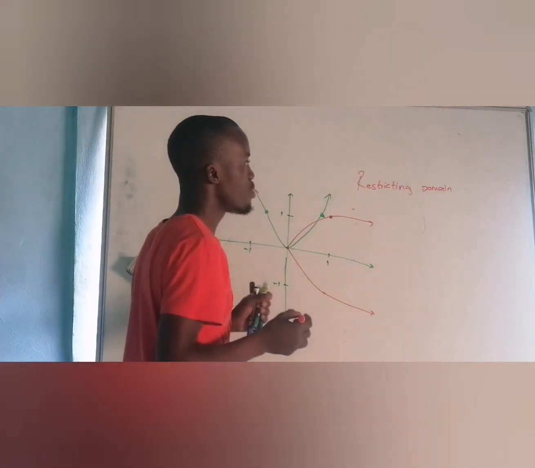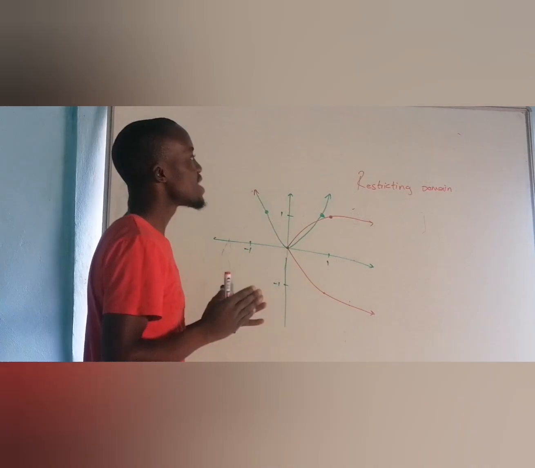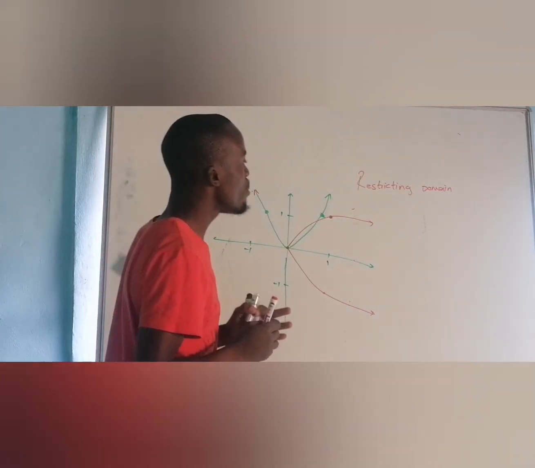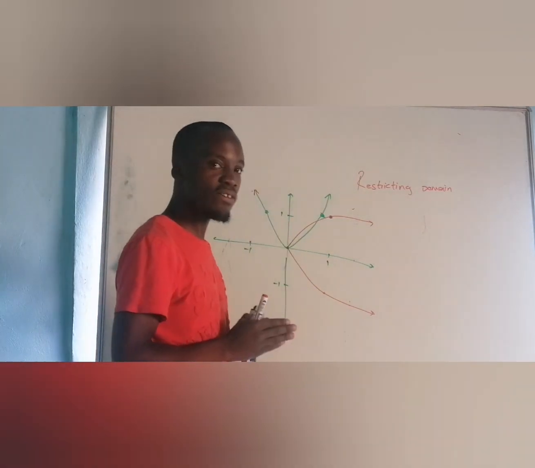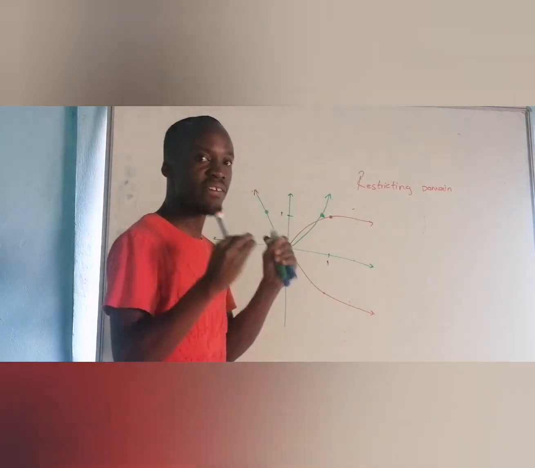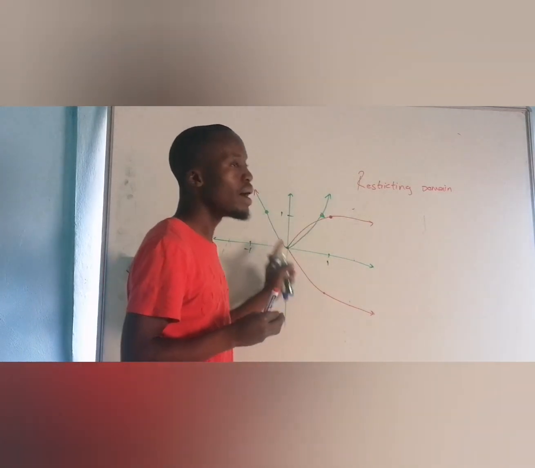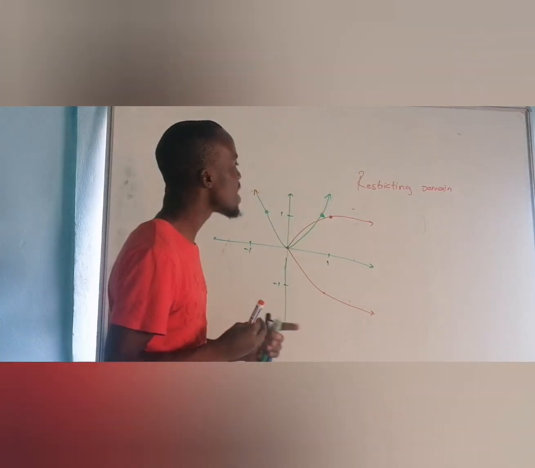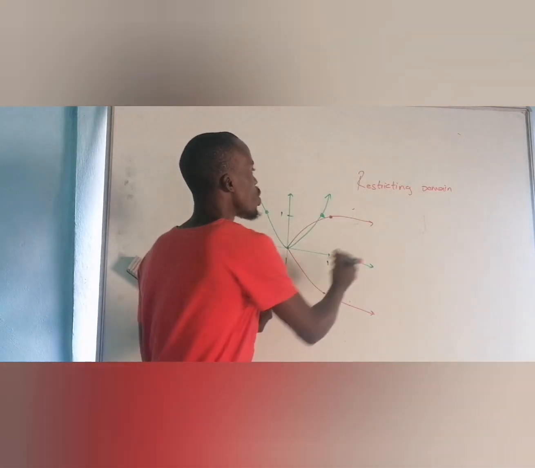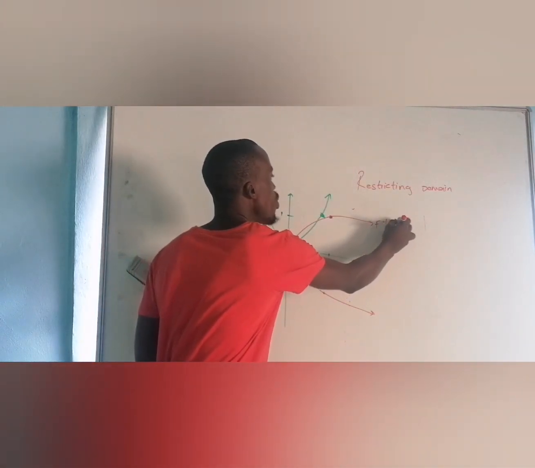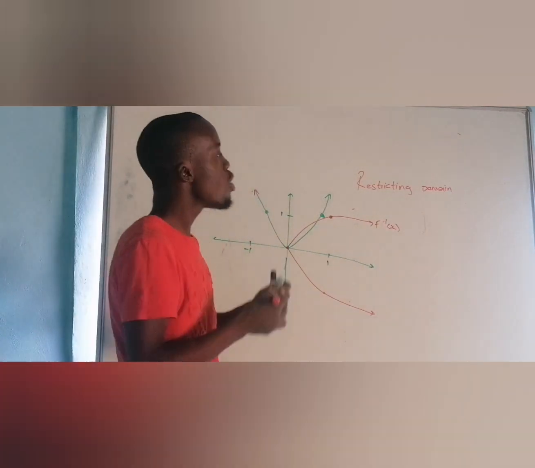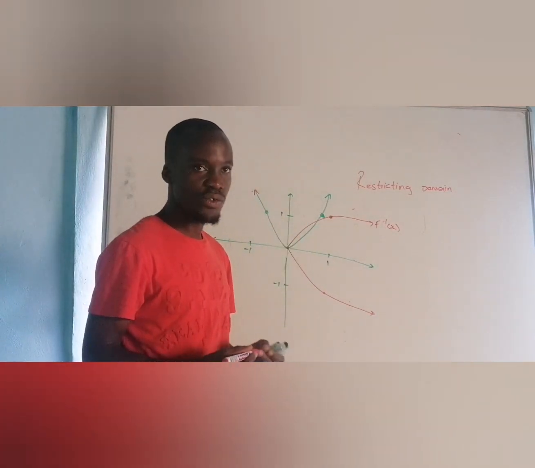We talk only about the domain. So why are we restricting the domain? We are restricting the domain so that the inverse of the graph becomes a function. I don't know if you understand that. Meaning that since the inverse here is not a function, we can do something to make it a function.